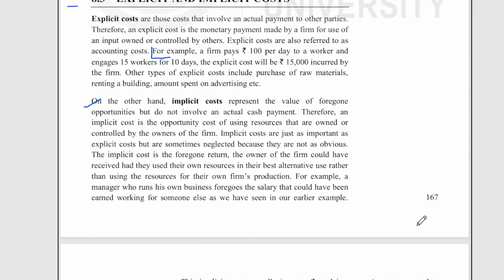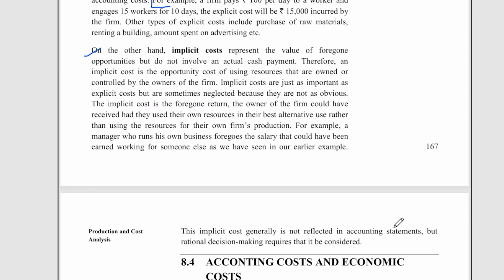On the other hand, implicit costs represent the value of foregone opportunities but do not involve an actual cash payment. Therefore an implicit cost is the opportunity cost of using resources that are owned or controlled by the owners of the firm. Implicit costs are just as important as explicit costs but are sometimes neglected because they are not as obvious.